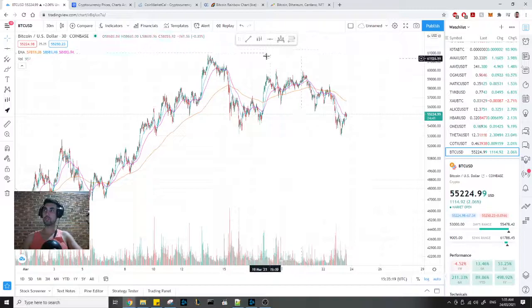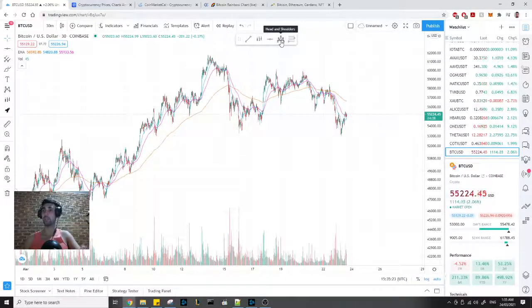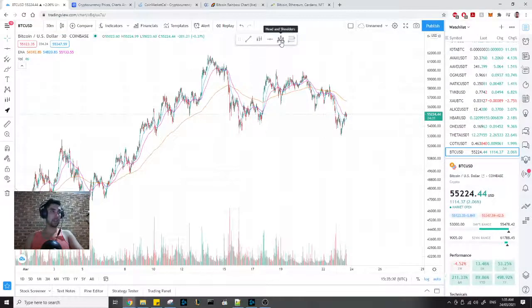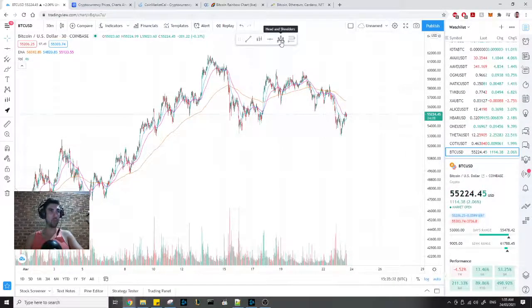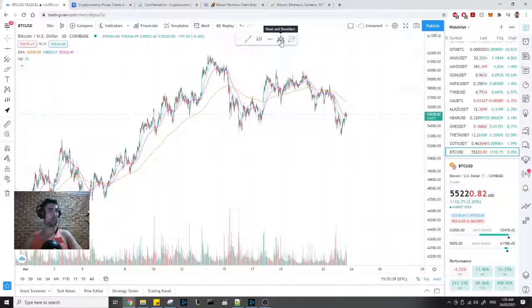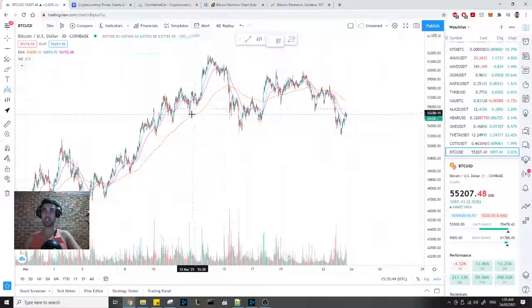Cool. Another tool that I haven't quite perfected, but I have seen other people use before, and it seems to be a bit of a flavor in charting tools, not just within crypto but in your other traded assets, so your stocks and commodities, is these different charting patterns. One of them being your head and shoulders.